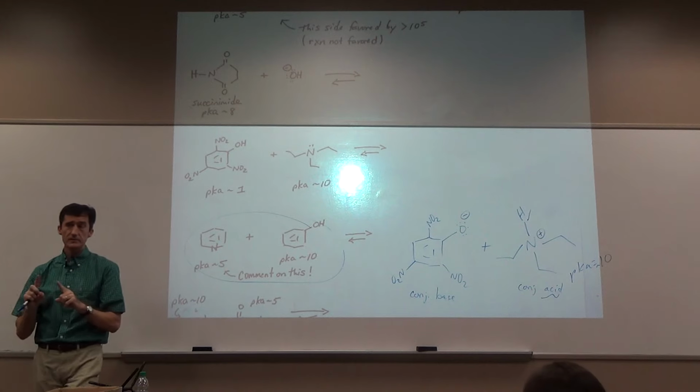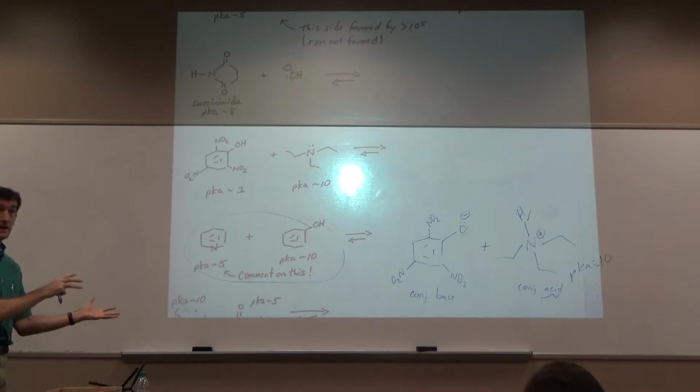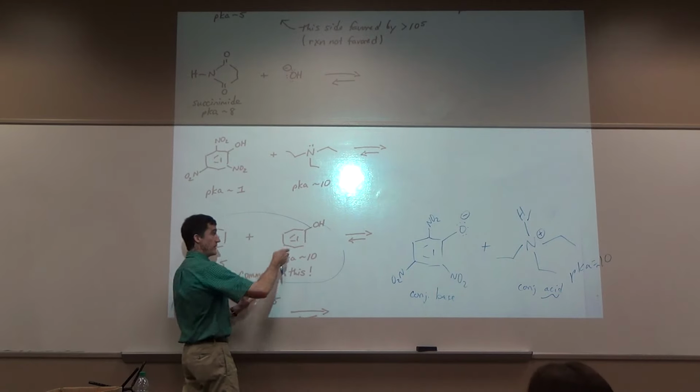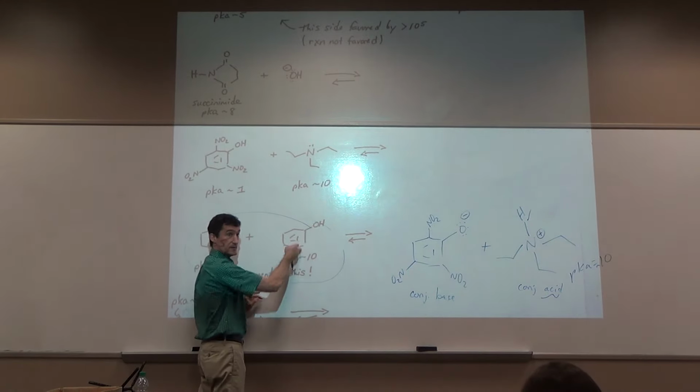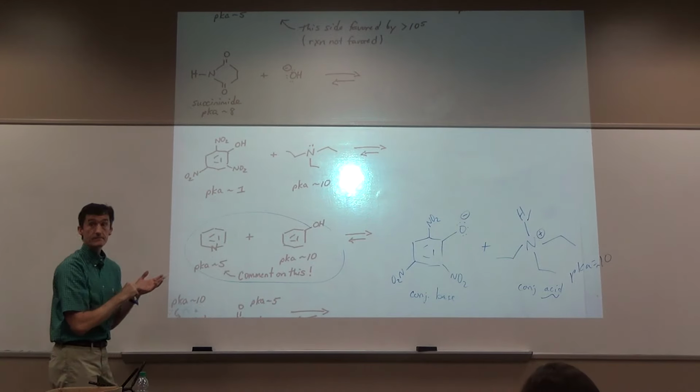Because when you do an acid-base reaction, the most acidic proton in the flask, that's going to be your acid, no matter which molecule it's on. And the most basic atom is going to be your base, no matter which molecule it's on. You may have a molecule where the most acidic H and the most basic atom are in the same molecule. Then it's just going to self-react, and this guy isn't going to do anything.